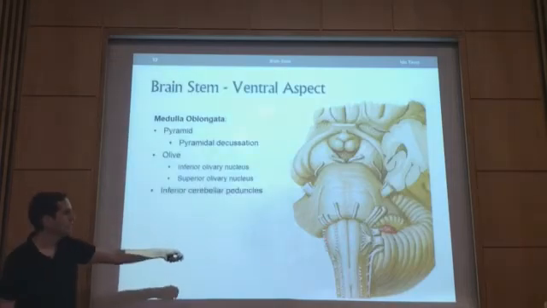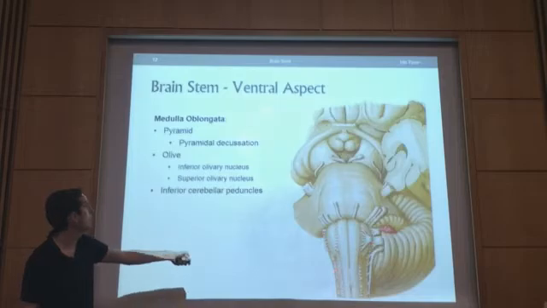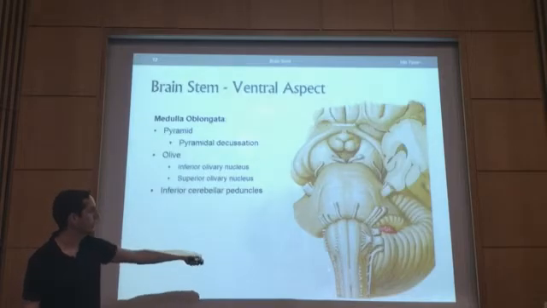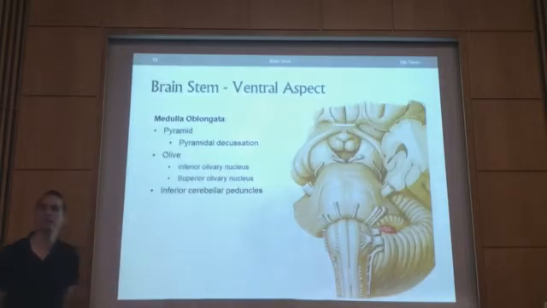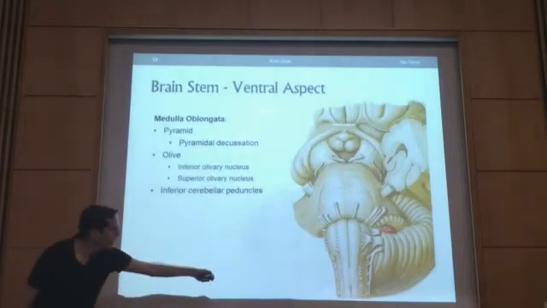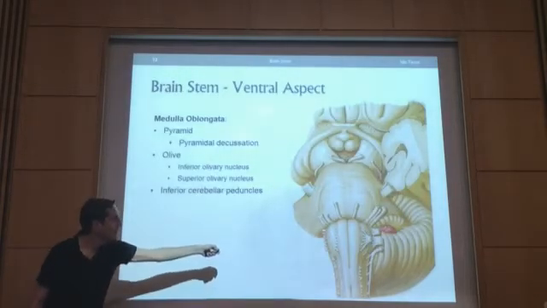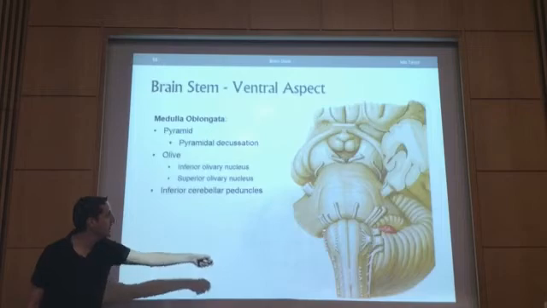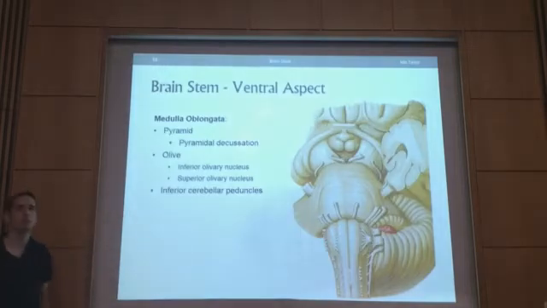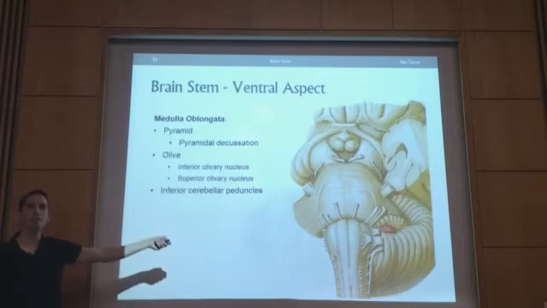So the third region of the medulla that we can see in here, even more lateral than the olive, all the way here, beneath these cranial nerves, is the inferior cerebellar peduncle. So we had the middle cerebellar peduncle that connected the cerebellum to the pons.